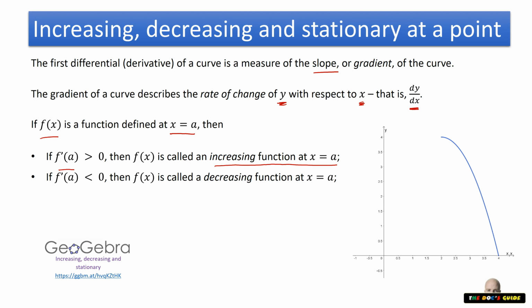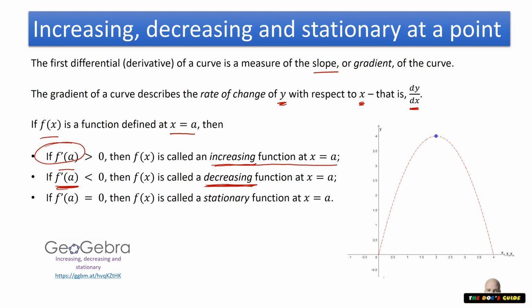So the slope is always negative. If the slope is always positive, the curve has to always be increasing in size. And if the slope is always negative, the value of the function always has to be getting smaller. So it's a decreasing function.